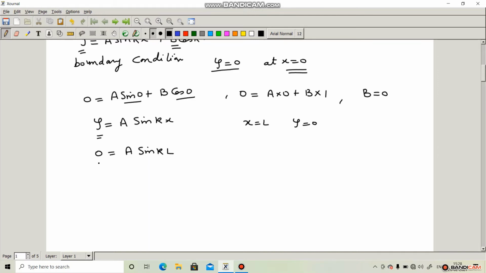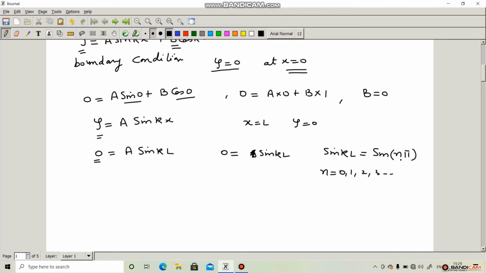a sin kL equals 0. We can divide by a on both sides, and it becomes sin kL equal to sin n pi, where n may be 0, 1, 2, 3.